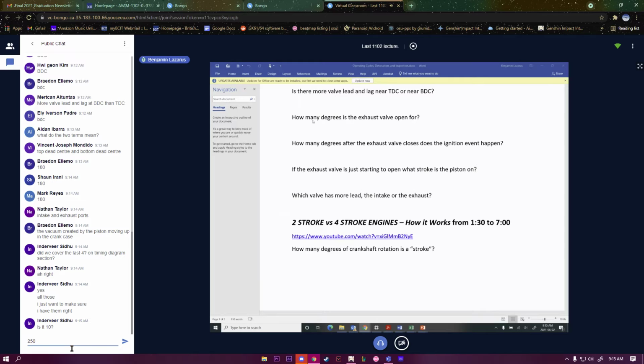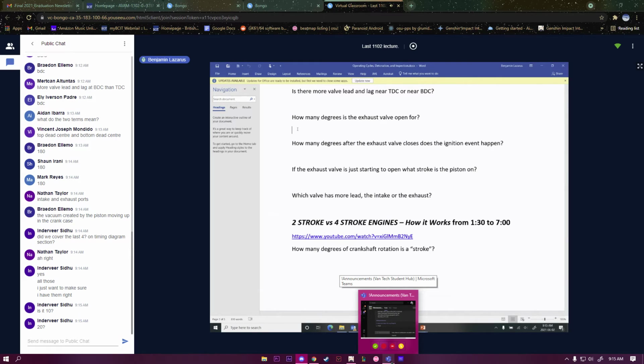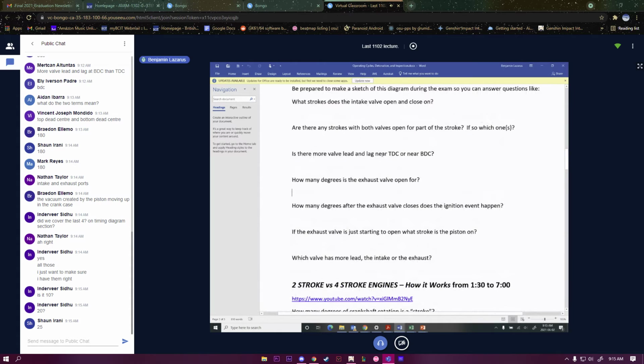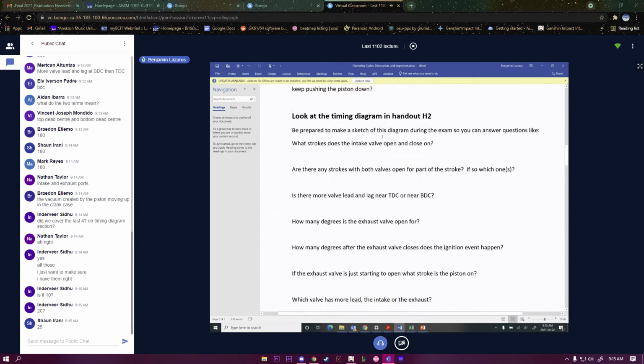Okay, how many degrees before top dead center does the exhaust valve open in the diagram? 20. I don't know. You have to look at the diagram. Shouldn't be a question. Look at the timing diagram in handout H2.